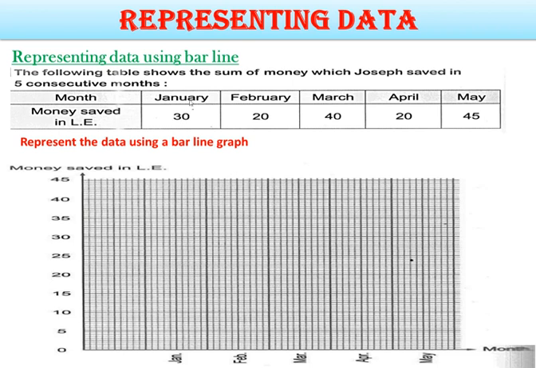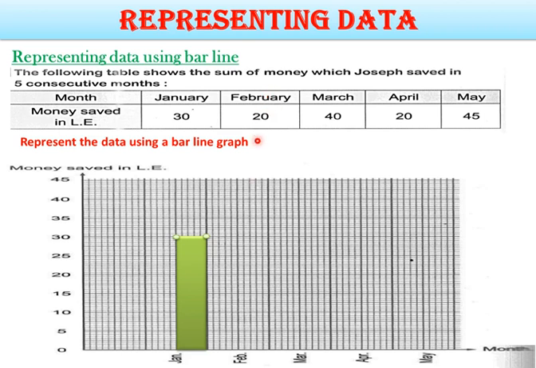Now how do we represent these numbers? First we have the first month, January, at 30. From January, go up to 30 and determine the bar by 2 points, then draw the bar line using a ruler.